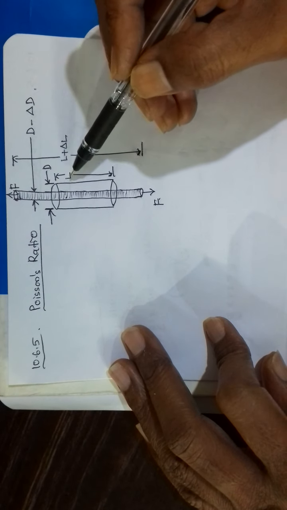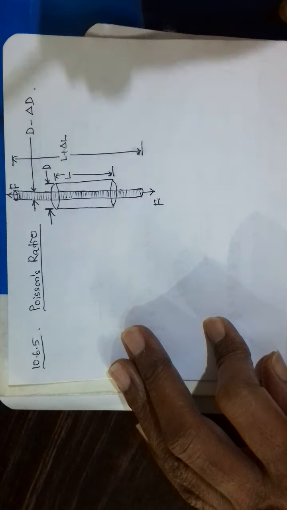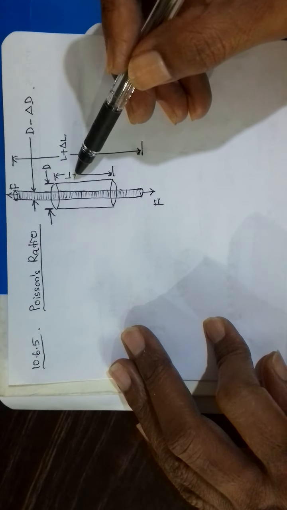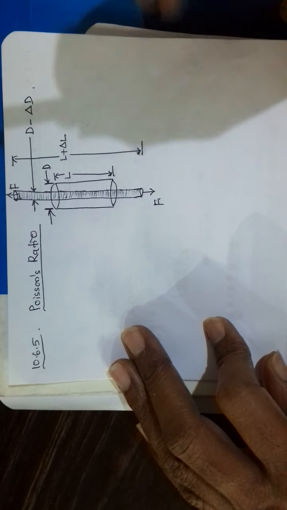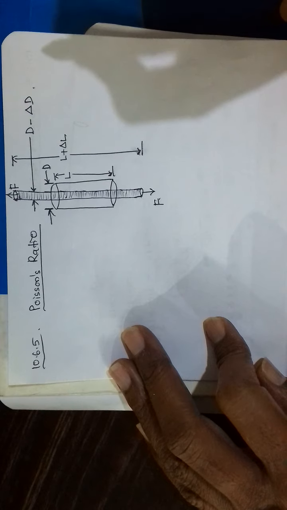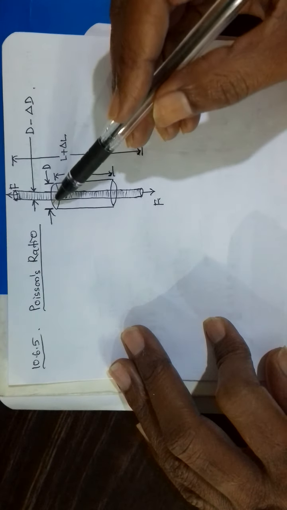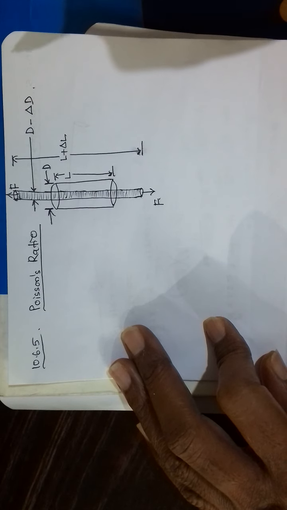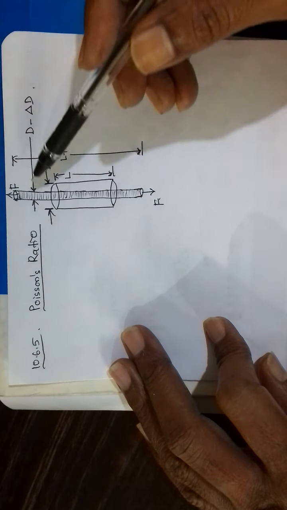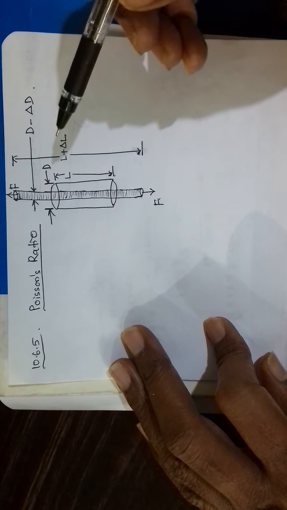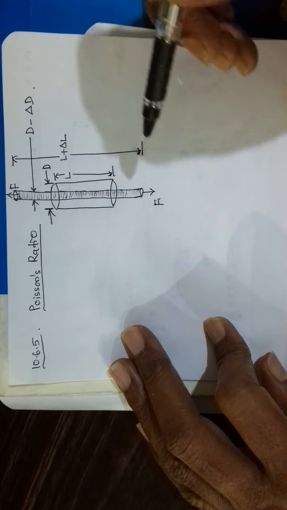Initially its length was L, and after applying tensile force, its length increased from L to L plus delta L. Now concentrate on diameter. Initially its diameter was this much, but after applying tensile force, its diameter decreased. Length increased and diameter decreased.